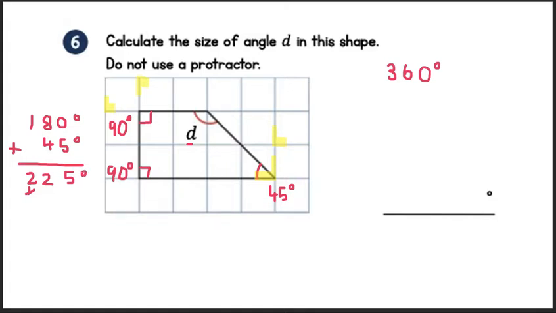So what I'm going to do is take our known fact, which is 225 degrees, away from 360 degrees, because that is what we know all four angles should add up to equal. And I'm going to use column subtraction. You could also use a number line. So 0 take away 5 I'm unable to do, so I'm going to have to regroup.